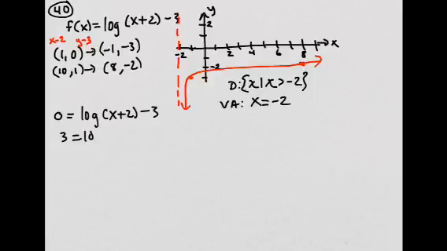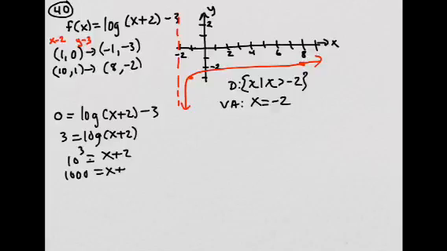So log of x plus 2 equals 3. And to solve for x, we're going to have to change it to exponential because right now it's in logarithmic form. So base is 10, so it's 10 to the third equals x plus 2. So 10 to the third would be 1,000 equals x plus 2.